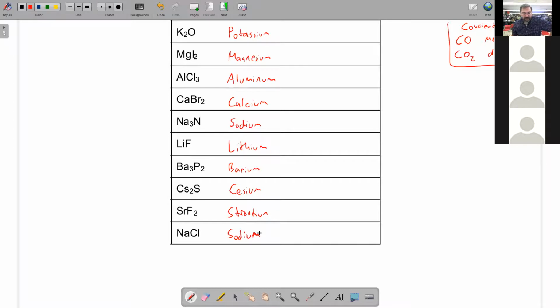The second half, that's the part where you have to change the name to end with ide. And sometimes it's easy and obvious, but mostly you get used to it just from hearing them and seeing them a lot. So O is from oxygen. And because the elements all end with different parts, you have to figure out where the ide ends up.